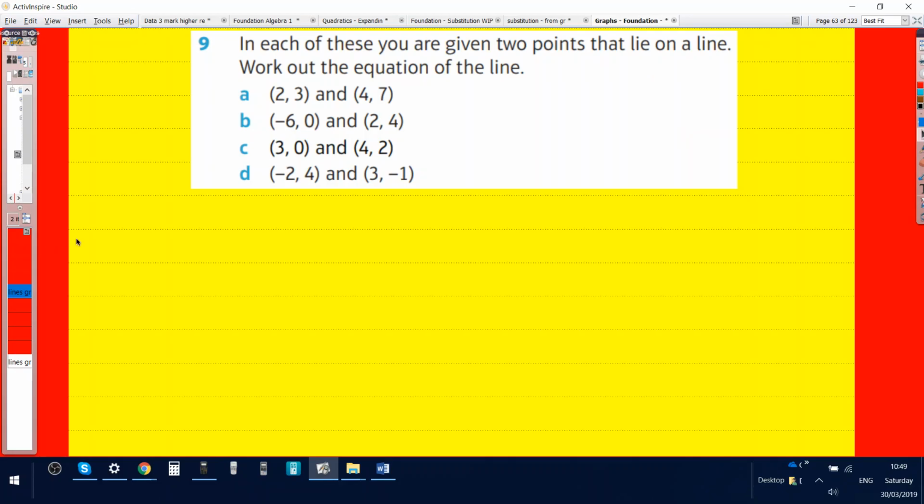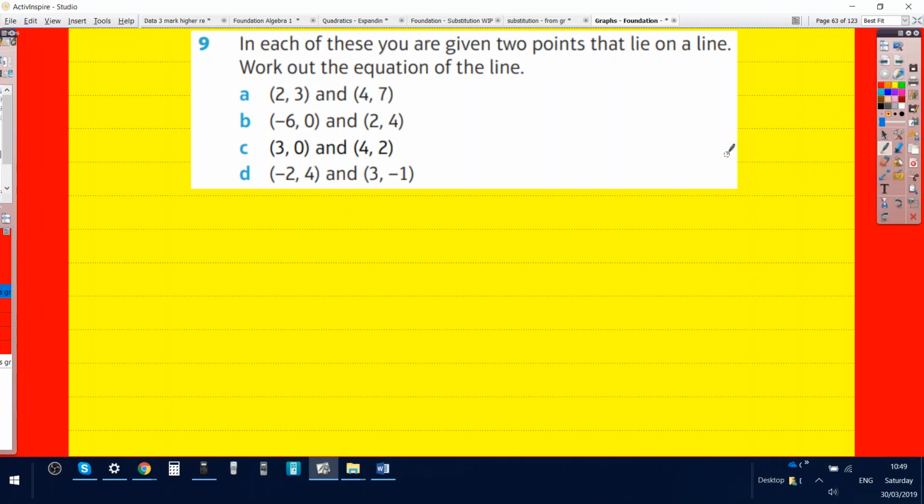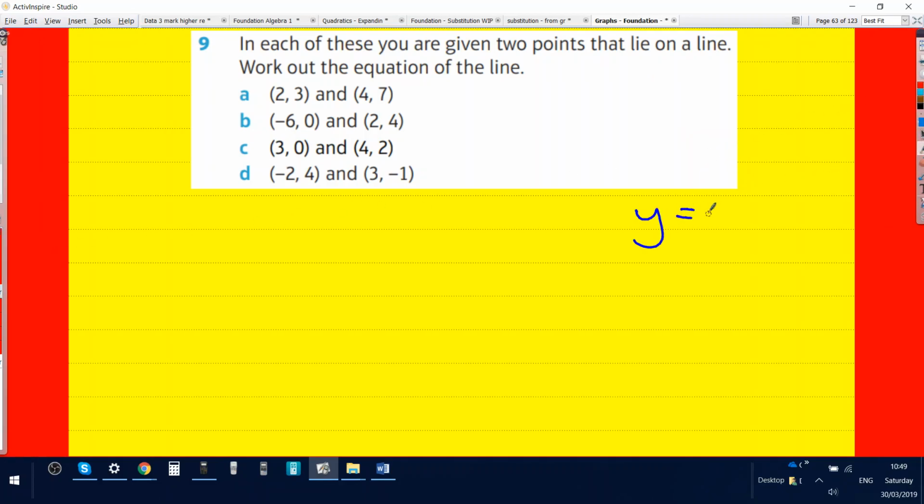Okay, so the change in y is 4 and the change in x is 2. Yeah. Okay, so 4 divided by 2, that's 2. Okay. So that'd be y equals 2x plus c.